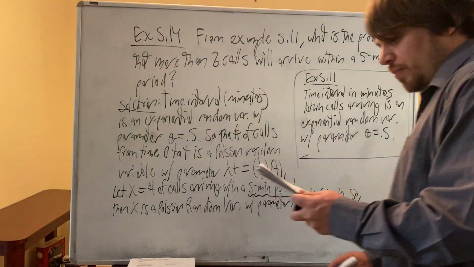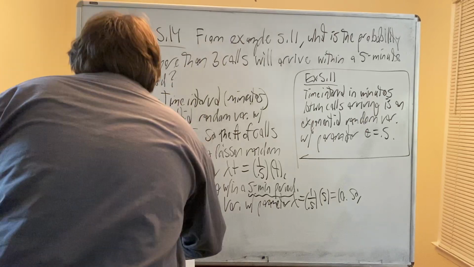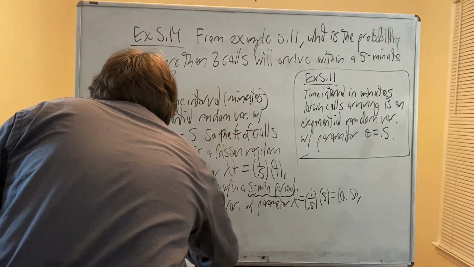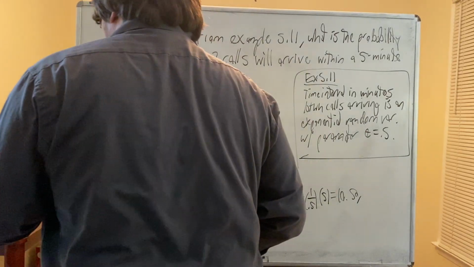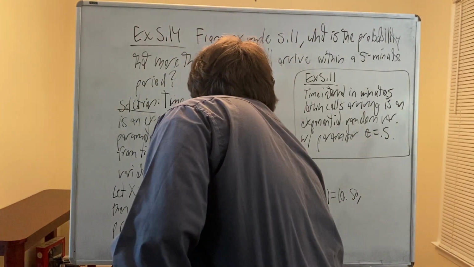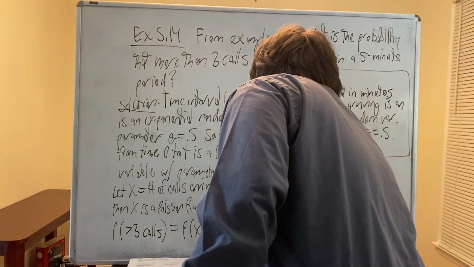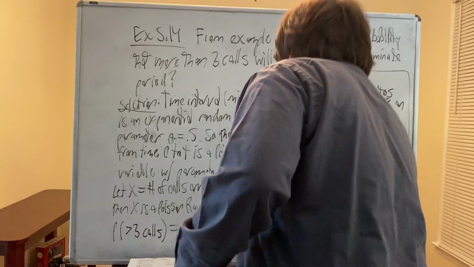So the probability of more than 3 calls in this 5-minute period is the probability that capital X, the number of calls, is greater than 3. And that's equal to 1 minus the probability that X is less than or equal to 3.